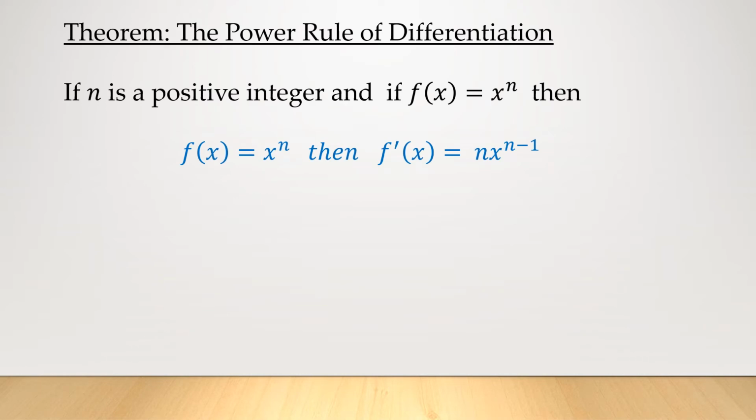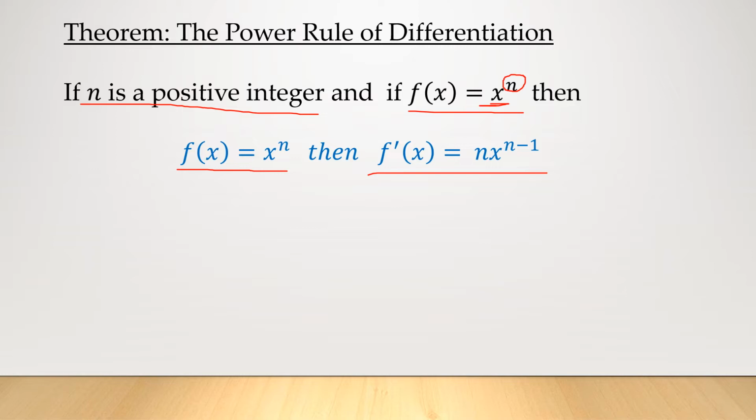The next theorem is the power rule of differentiation. If n is a positive integer, and the function f of x is equal to x raised to the n power, where x is a variable, then the derivative is n times x raised to n minus 1.